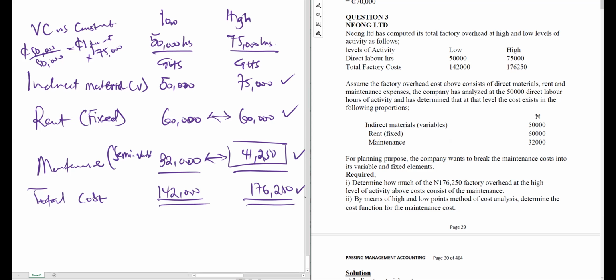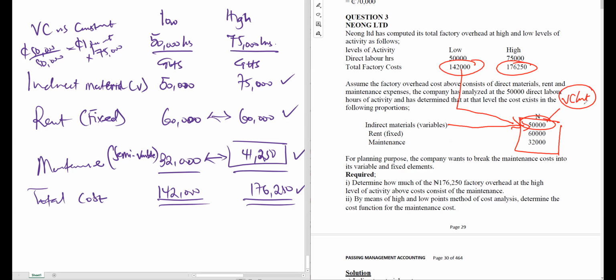Please, do you all get it? You see this question, when it comes, people will fail. Listen. They've given you total cost of this and total cost of that. And they are saying this 142,000 has been broken down into this. Indirect material, 50,000 for variable cost. And once it is variable, we know we can easily get variable cost per unit, right?